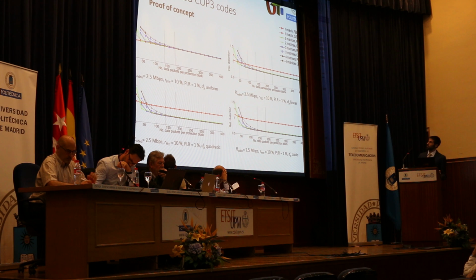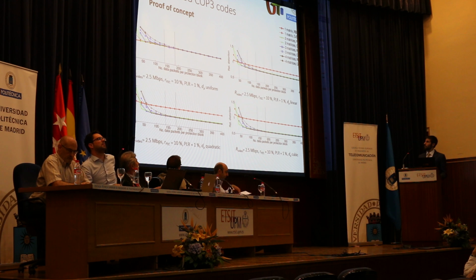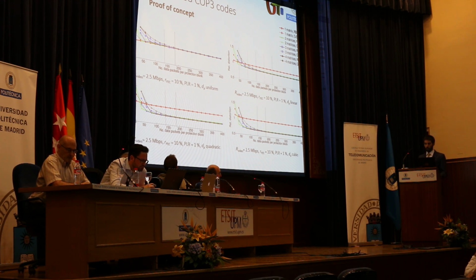What we can see here, first, is the relative distortion on the vertical axis, and on the horizontal one we express the number of packets that are available in the block. We can see that the results obtained with our extension are better than those obtained with the standard codes if two main conditions are met: that the configurations we create can simultaneously cope with burst errors, and that we can provide enough unequal protection to video packets.